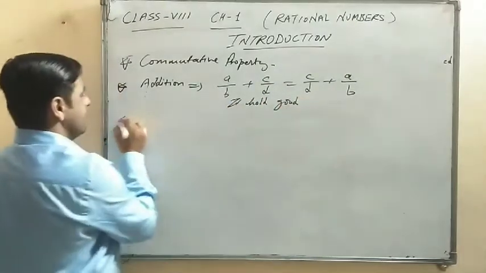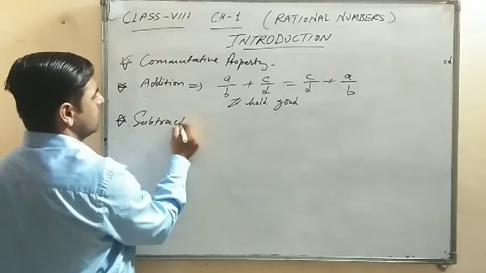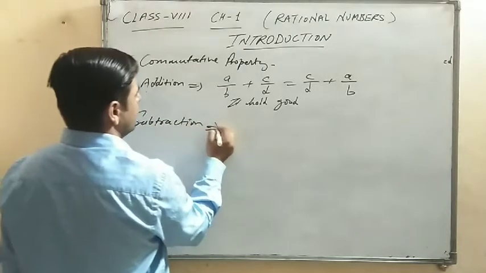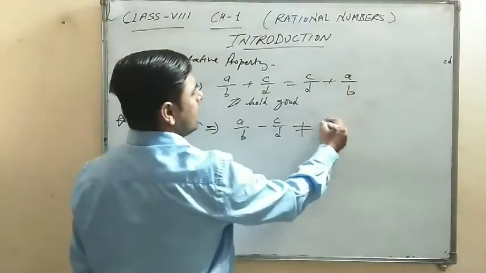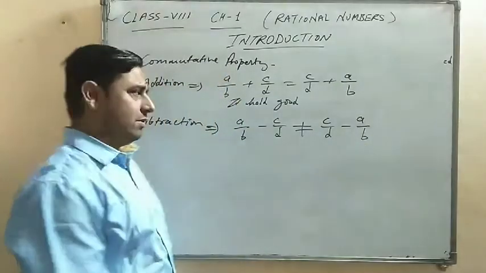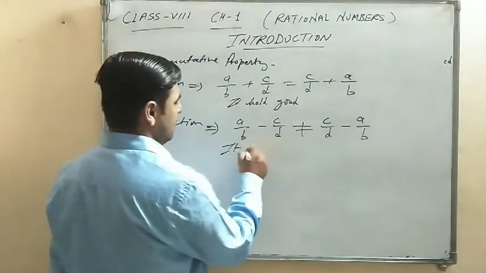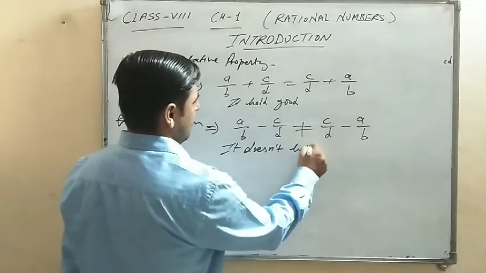Next one is subtraction. Its meaning is a upon b minus c upon d is not equal to c upon d minus a upon b. So that's why it doesn't hold good.